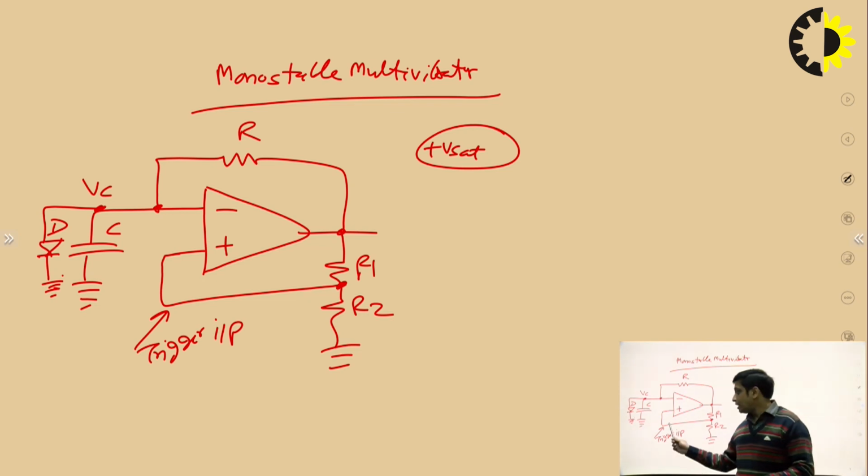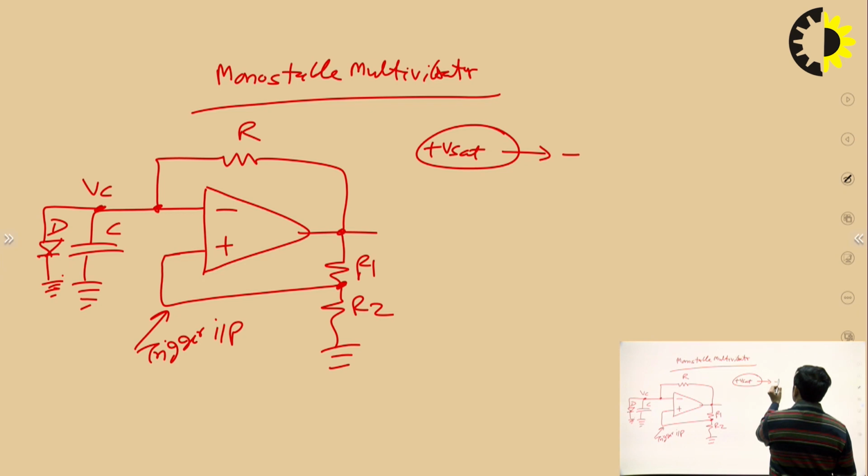When we apply a trigger input, we need to take care of a few things. Since the stable state is plus Vsat, we need to apply the trigger pulse such that the output comes from plus Vsat to minus Vsat.